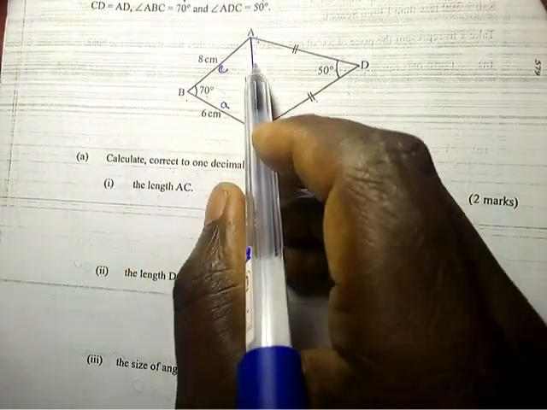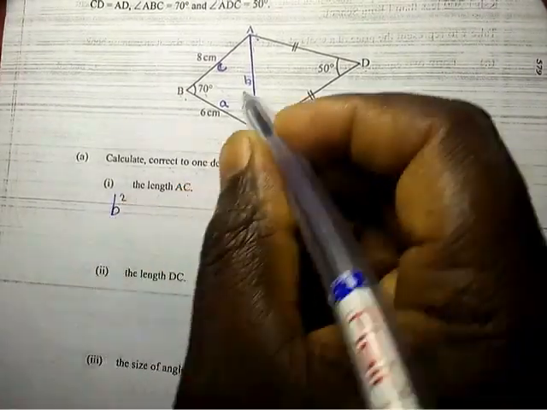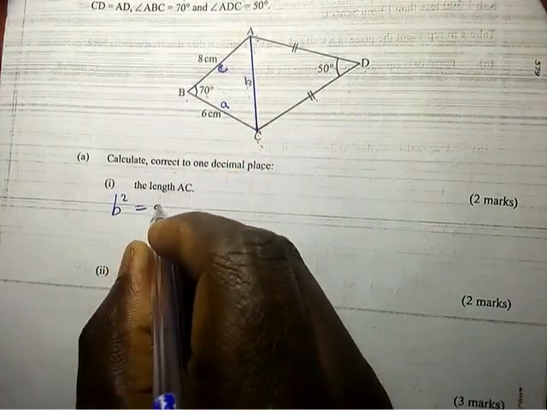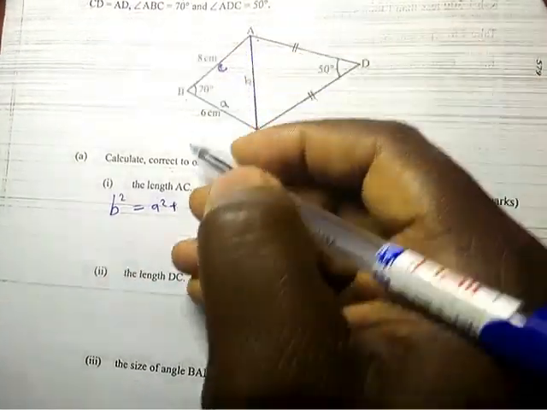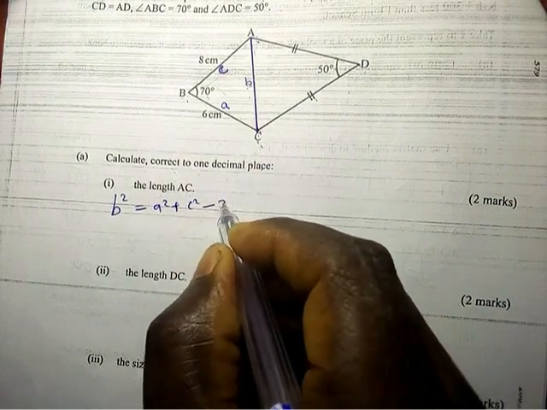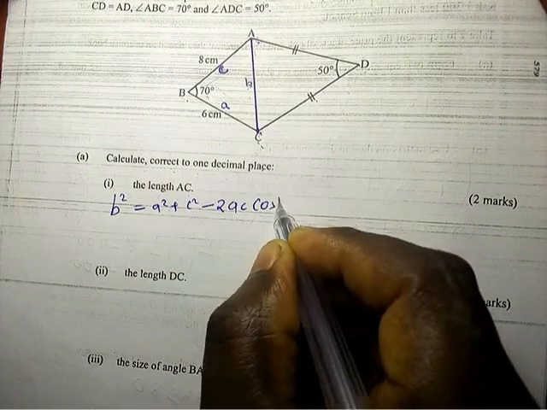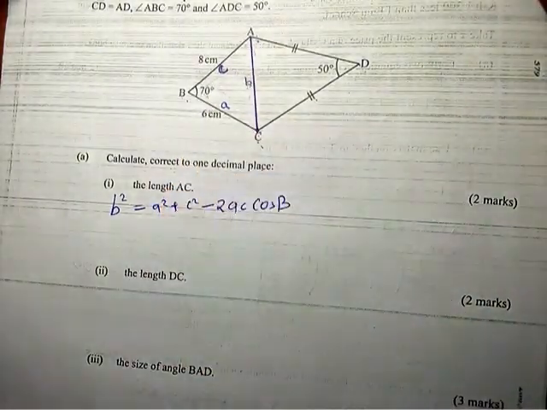So we want b square. So b square is equal to a square plus c square minus 2ac cos B, because we have cos B here.